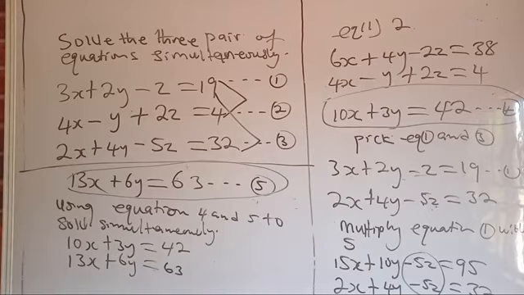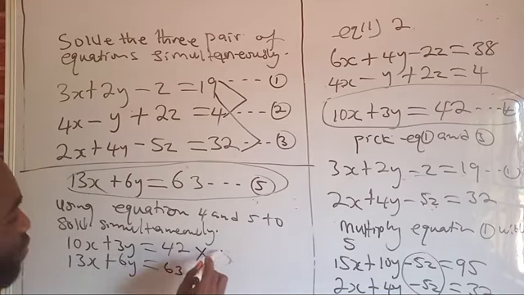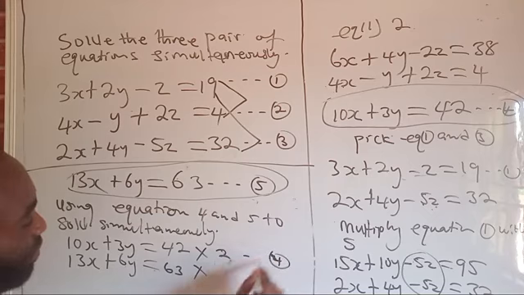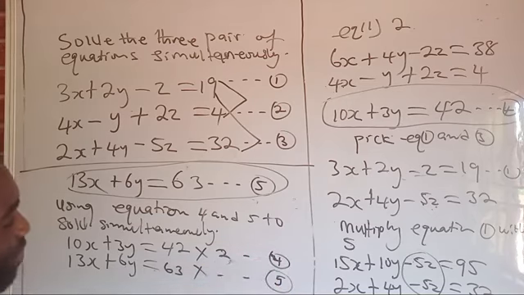So now, to be able to eliminate one of the variables here, let's first eliminate y. So let's make the first equation carry the same coefficient of 6. So here we are going to multiply by 2. I'll multiply equation 4. This is equation 4. This is equation 5. We are multiplying it here by what? By 1.